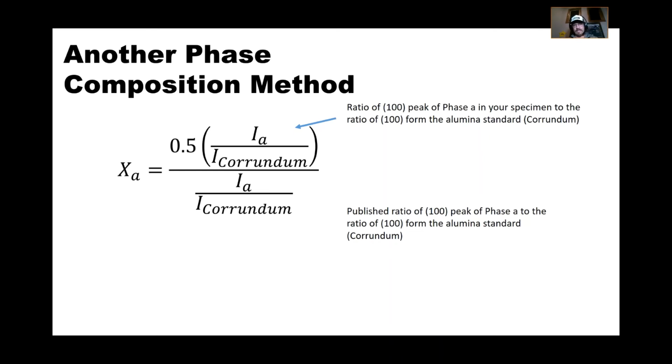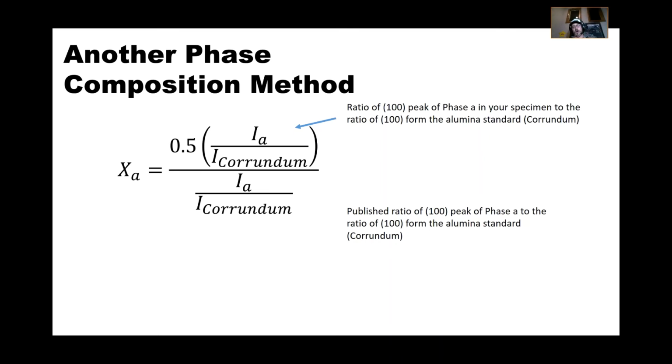IA is the intensity of your peak A on the spectrum versus the intensity of corundum, specifically the 111 peak. So you have to be looking at a cubic specimen, right? So the ratio of the 100 peak to the ratio of the 100 from your corundum standard.